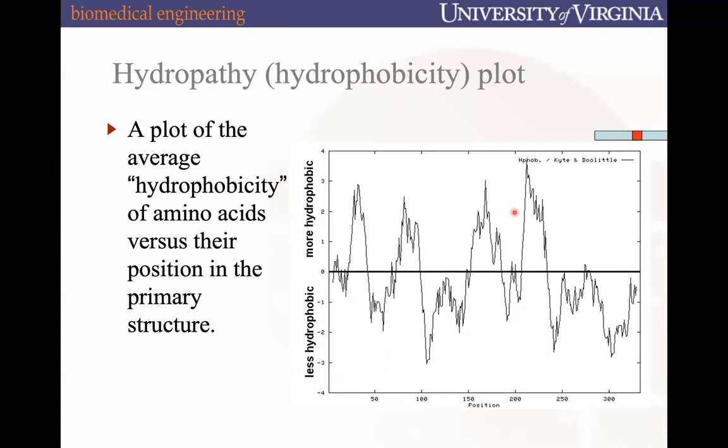Getting at the secondary structure and especially the tertiary structure of proteins, especially as they relate to the membrane, is very difficult to do. There's different modeling software that you can use that takes into account all of the different interactions that we talked about in the last lecture and predicts what the structure is going to be like. So you can't know that these are going to be alpha helices. You can't know for sure, like I was just saying, that it's going to be crossing the membrane, but you can use these kinds of measurements to reasonably infer it.